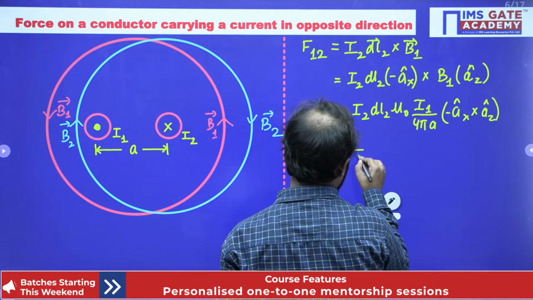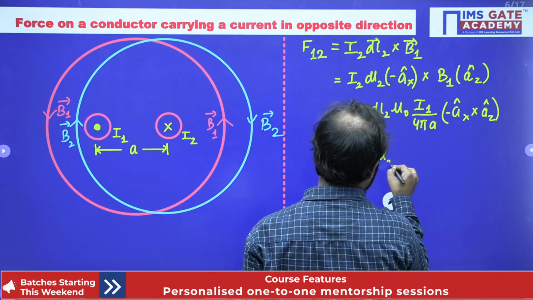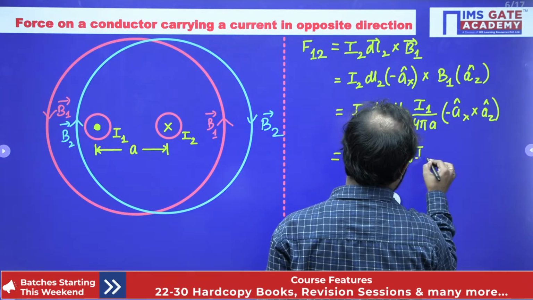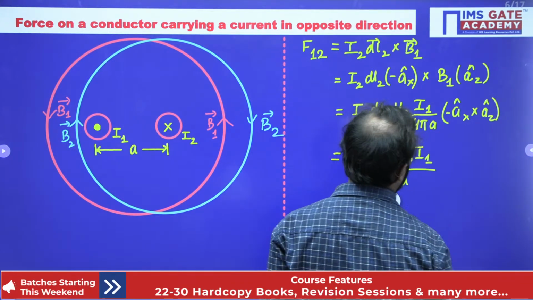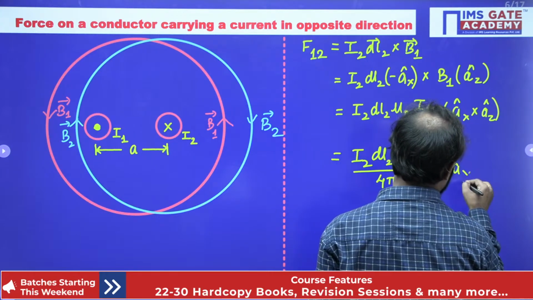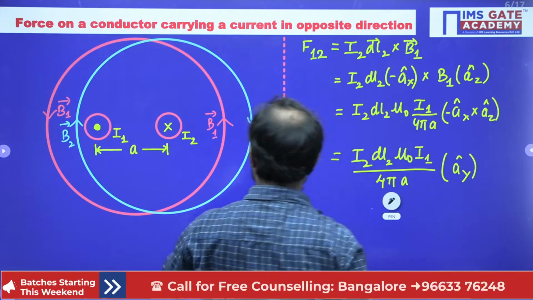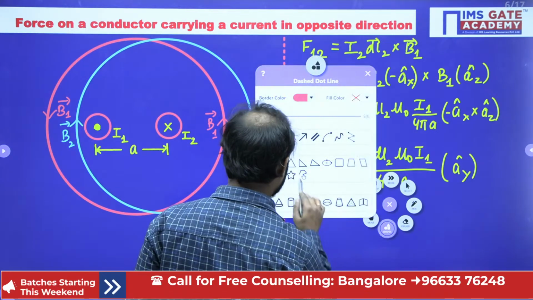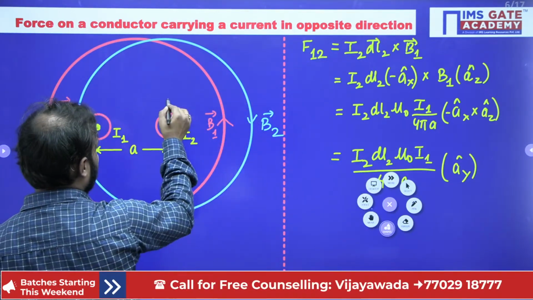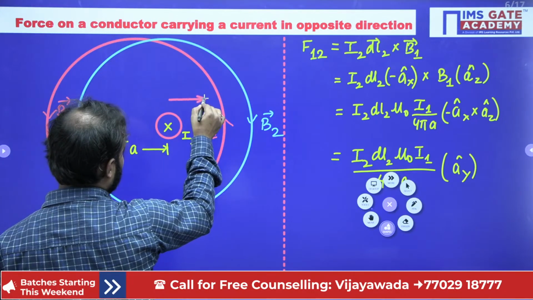So this will be I2 del L2 mu naught I1 upon 4 pi A, AY. So the force here will be in AY direction like this.